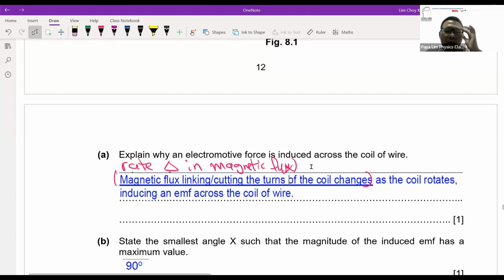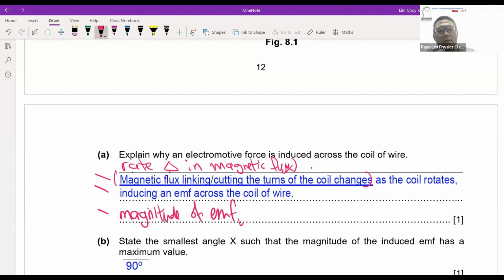Usually, I will tell students, other than stating these two, to also move one step ahead and write the magnitude of the EMF. The EMF induced is actually proportional to the rate of change of magnetic flux.